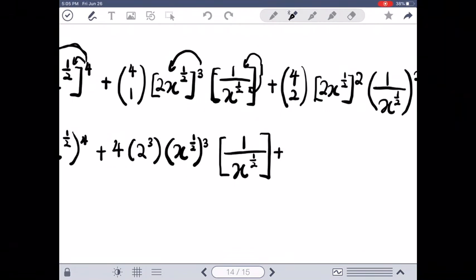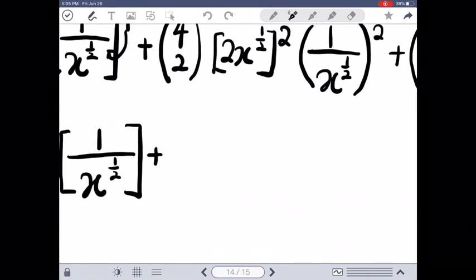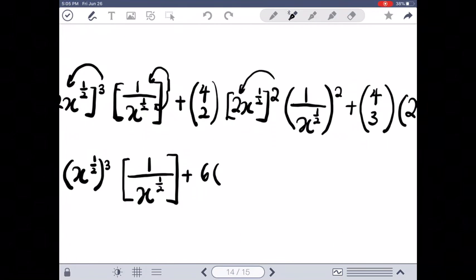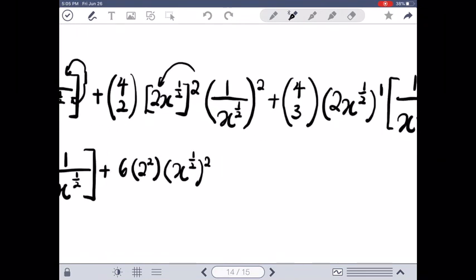Plus 4C2, it's just 6 times 2 to the power of 2 and then x to the power of 1 over 2 to the power of 2, and over 1 to the power of 2.